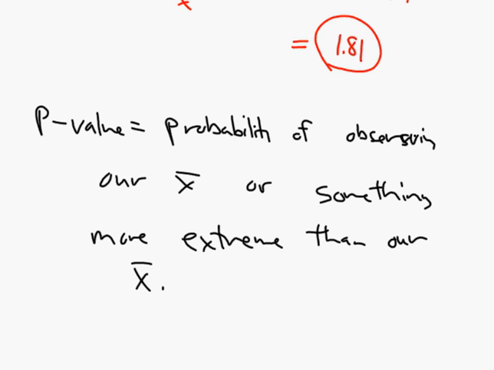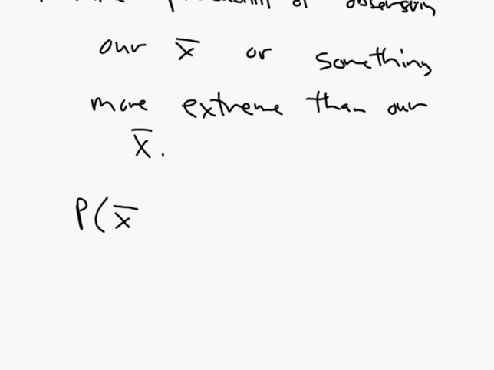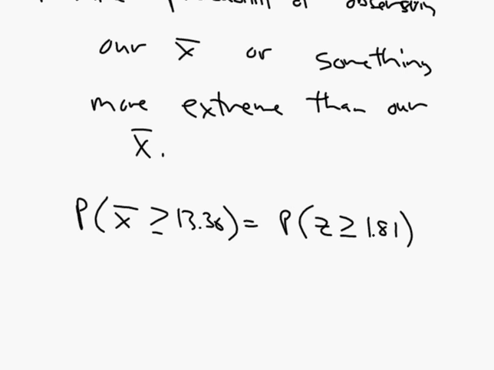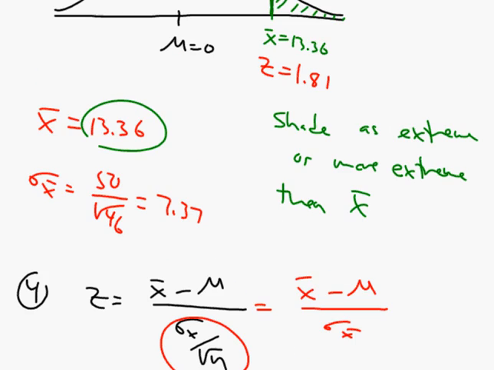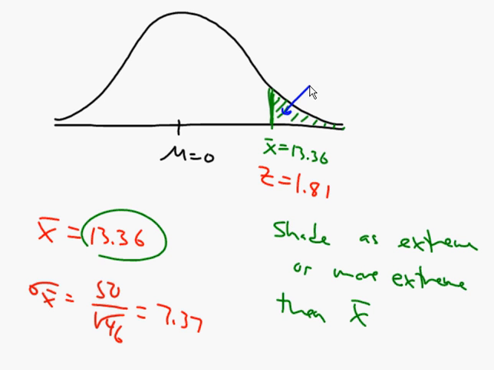So in our case, we can write that as the probability that x bar is greater than 13.36. Or really, the probability that z is greater than or equal to 1.81. So I think you're going to get something about 3.3%, something like that. All right, and just to be clear, the p-value is this area. So 3.5% or 3.3%, whatever I said it was.